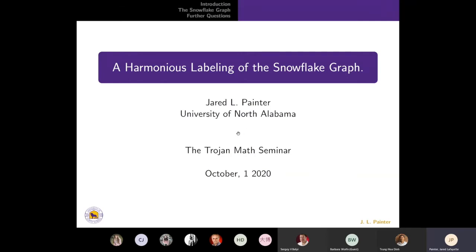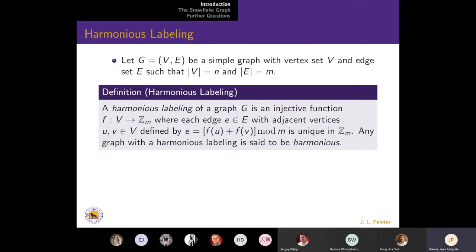So I'm going to give you a little bit of introduction, just in case you're not familiar with harmonious labelings and how we got started on the path that we did. And then I'm not going to go into any really detailed proofs, because the organization of the notation and what we had to do to prove a lot of these results was very technical, confusing to look at.